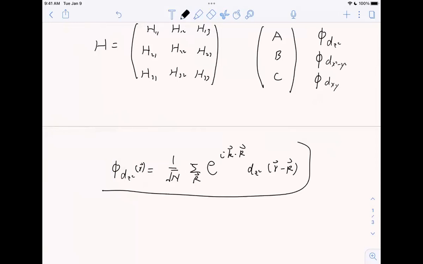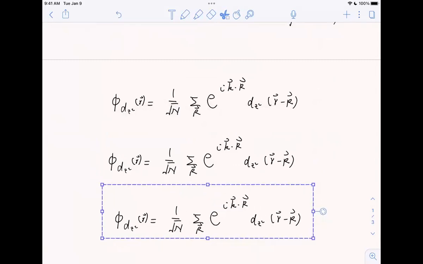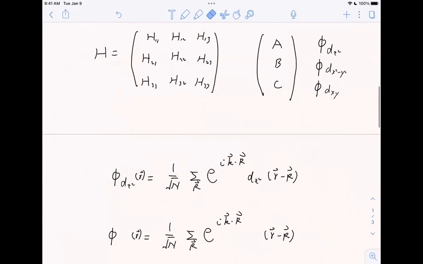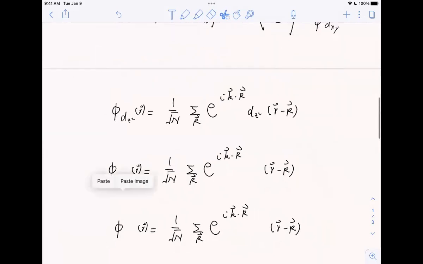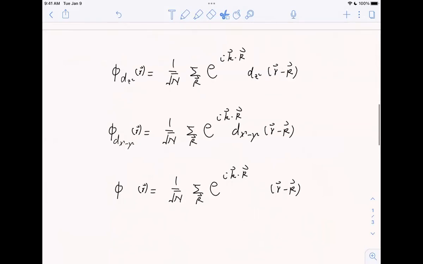So each of these is a Bloch function. So basically you have these 3 sets.